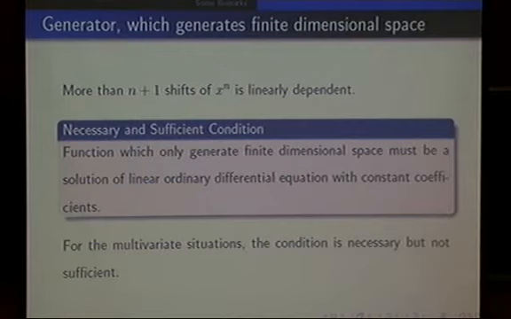Going into more detail, we find that a function which generates only a finite dimensional space must be a solution of a linear ordinary differential equation with constant coefficients. Now, for the multivariate situation, the condition is necessary but not sufficient.